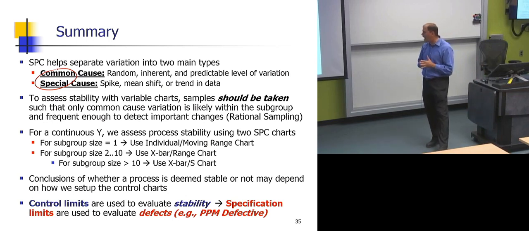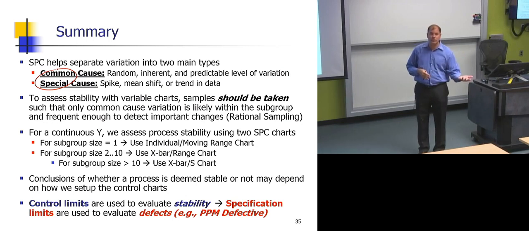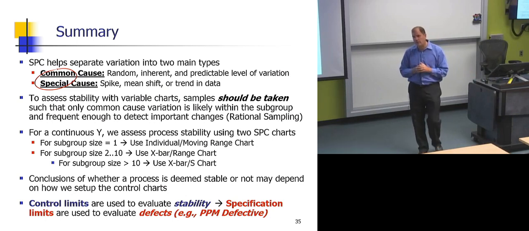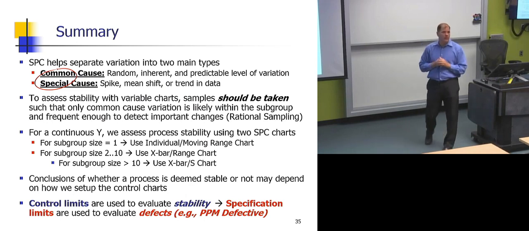Specification limits are not control limits. I showed you the same data was in control versus out of control, depending on whether you use an X bar or an individual. I can do all kinds of examples to show you that I can make assumptions to make data look in control versus out. We've got to be clear on our assumptions and try to be the most representative. All right, that's it.